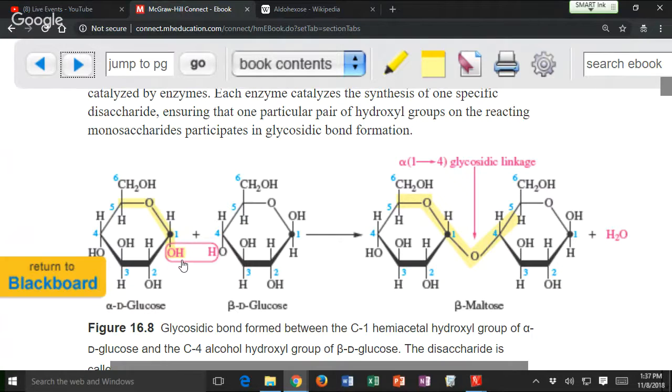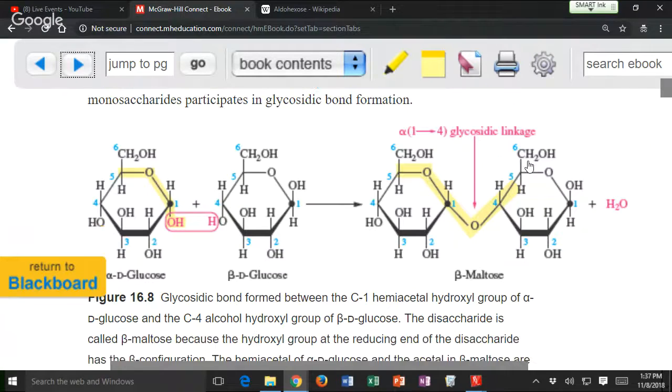So the H2O goes away, and these end up connecting like that. And that's called a glycosidic linkage or a glycoside bond. When those particular 2 sugars connect in that particular way, we have maltose, which is a different sugar. A disaccharide has different properties, different tastes, is metabolized differently, all of that. So that's how a disaccharide works.